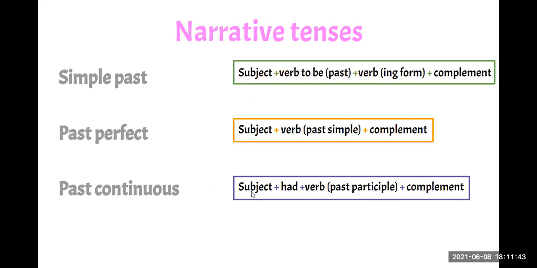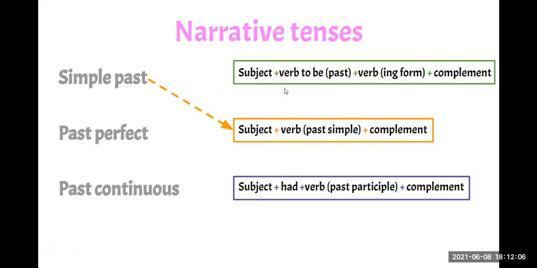Number 2, subject plus verb. Yes, very good. Number 2, subject plus verb in the simple past and the complement, right? What about the past continuous? Which of them do we use? The first one, right?